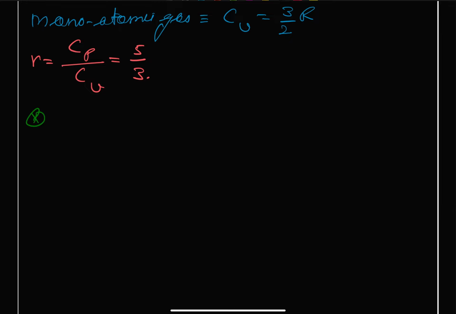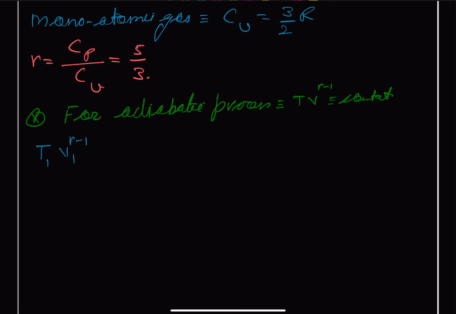So we can say that for an adiabatic process, we can write temperature times volume raised to the power gamma minus 1 is equal to constant, or we can say that T1 V1 to the power gamma minus 1 is equal to T2 V2 to the power gamma minus 1, which gives us that T2 is equal to T1 times V1 upon V2 to the power gamma minus 1.